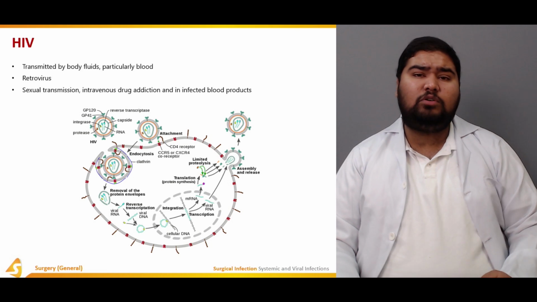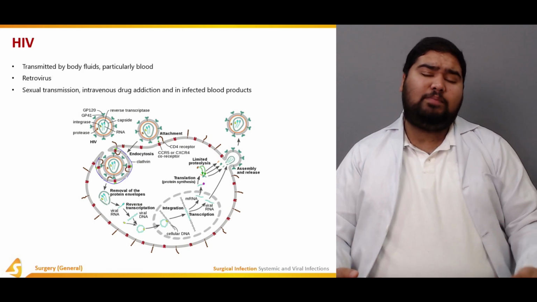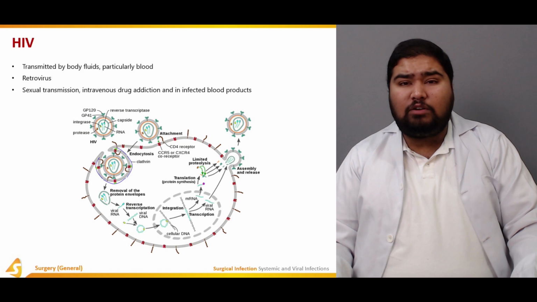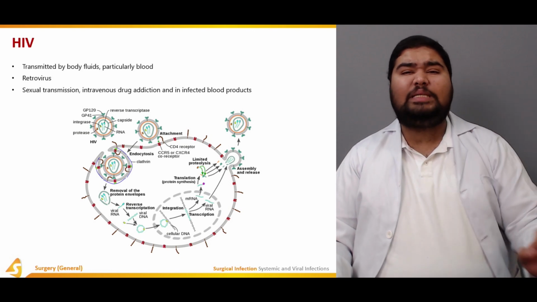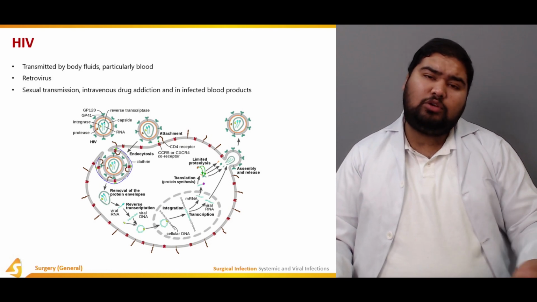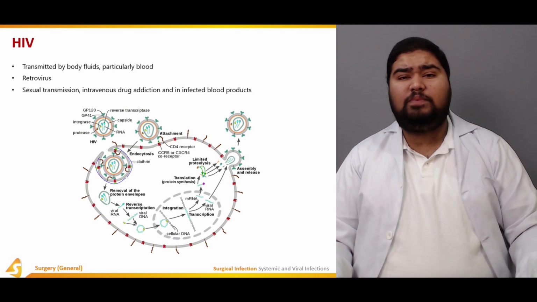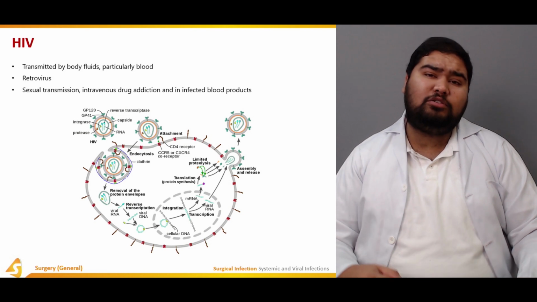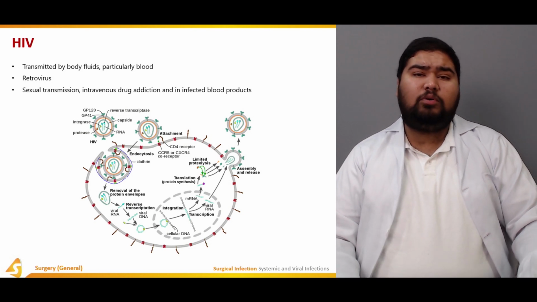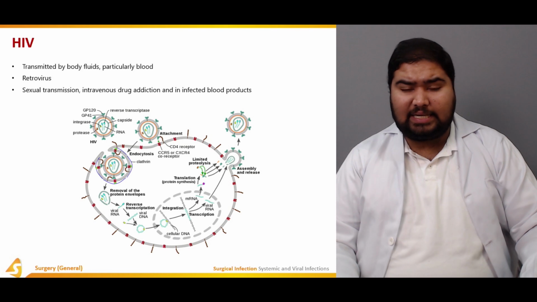So these are some of the modes of transmission. Since in surgery you'll be dealing with the blood of the patient, you should always ask for and confirm the HIV history, and try to prevent yourself from contacting the blood or the bodily fluids of the patients directly.